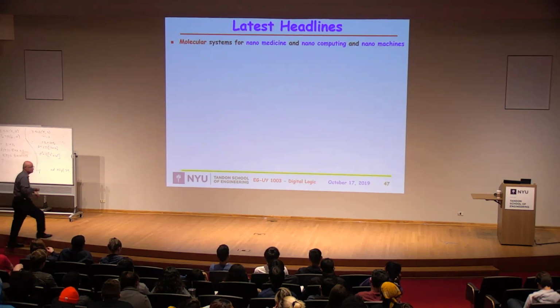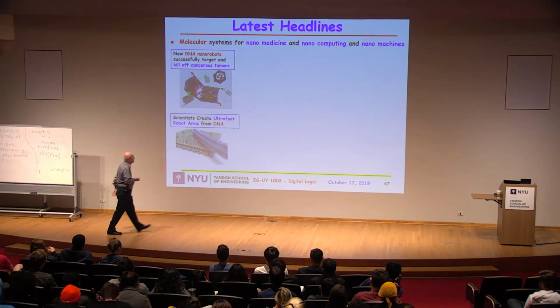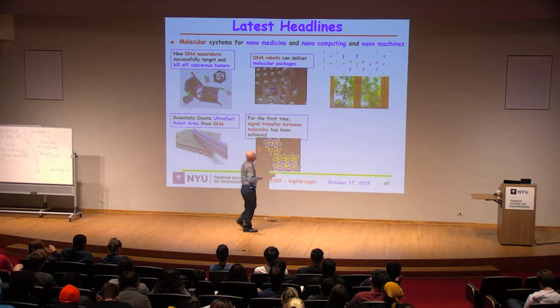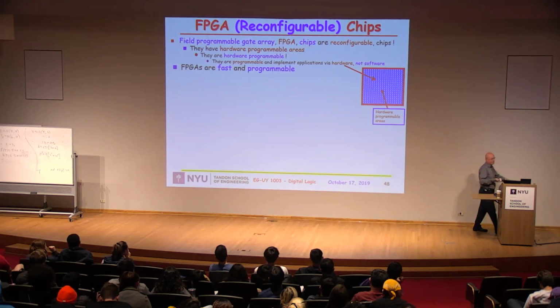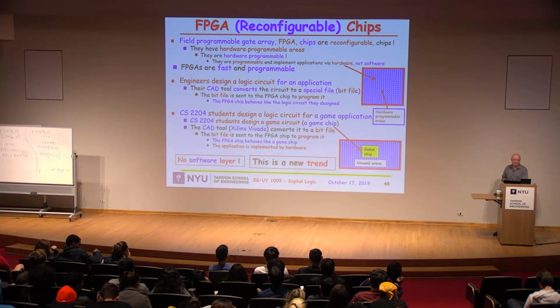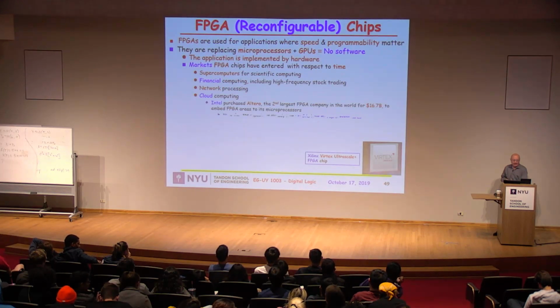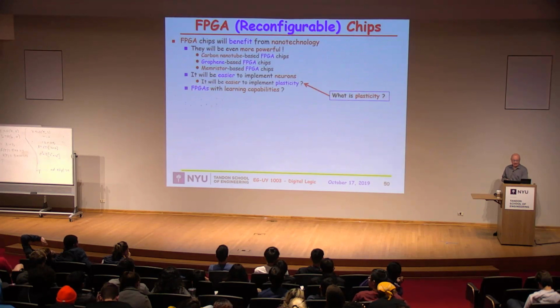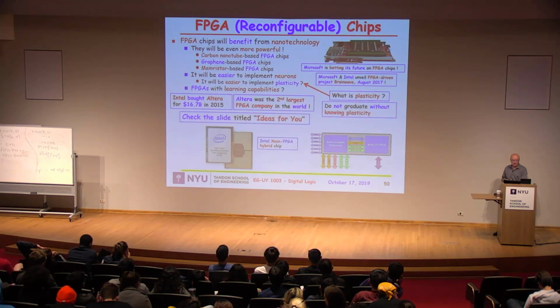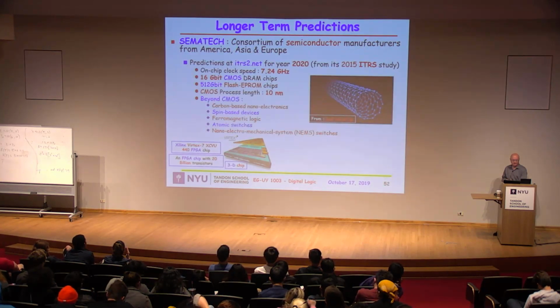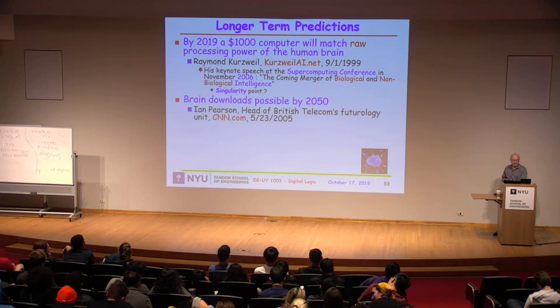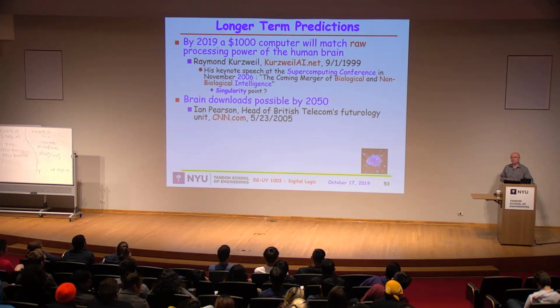All right, I'm going to stop. There are lots of examples here. You can think about them. FPGA chips, let's skip them. Anything interesting that you can take away with you. How about this?